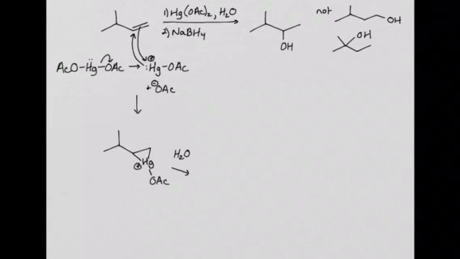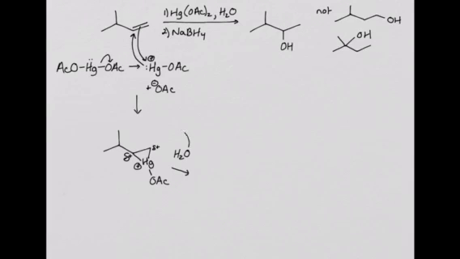group. Water attacks the more substituted carbon of the cyclic intermediate, because this carbon can hold a larger partial positive charge due to its additional substitution. In other words, it has more carbocation character because it is more substituted and can better handle the positive charge.